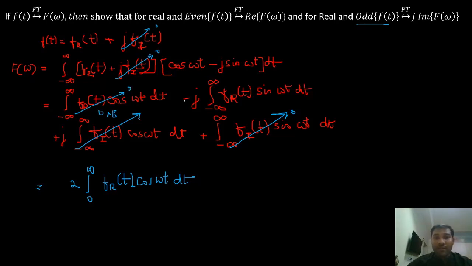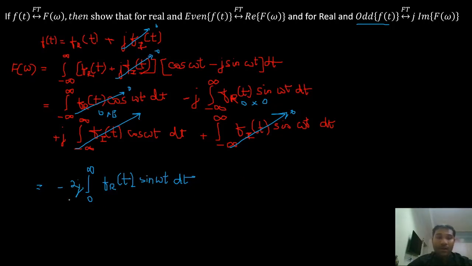Whatever we are left with, minus j, and this is an odd function and an odd function. When you multiply both, we get an even function. So when you integrate an even function from minus infinity to infinity, it's nothing but twice the integral 0 to infinity f of t into sine omega t dt.